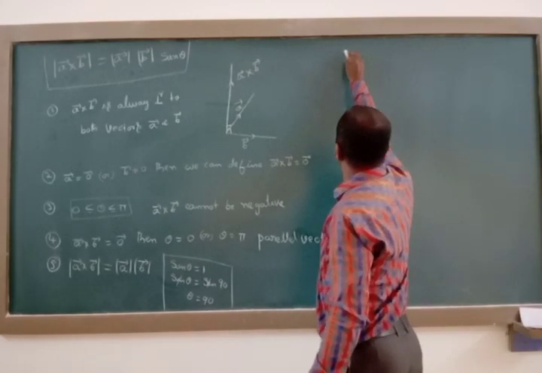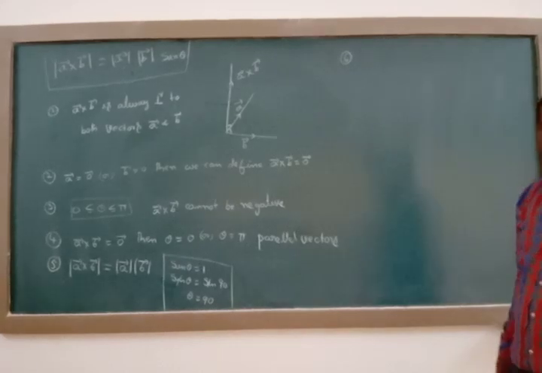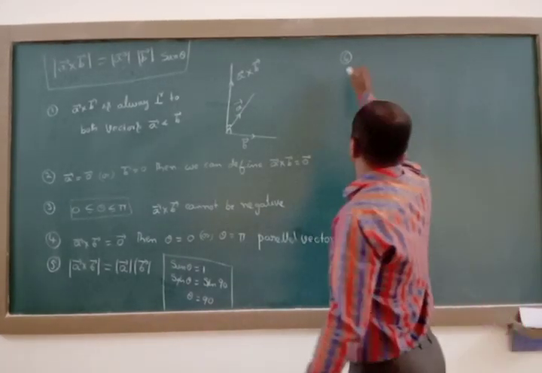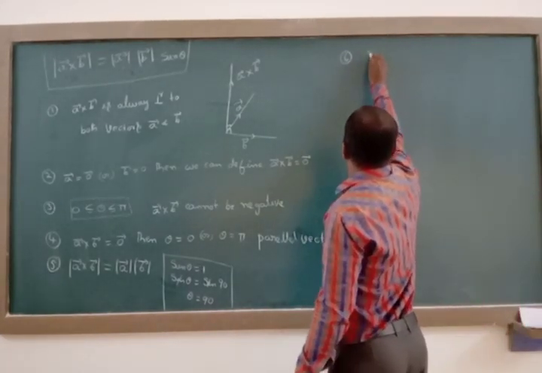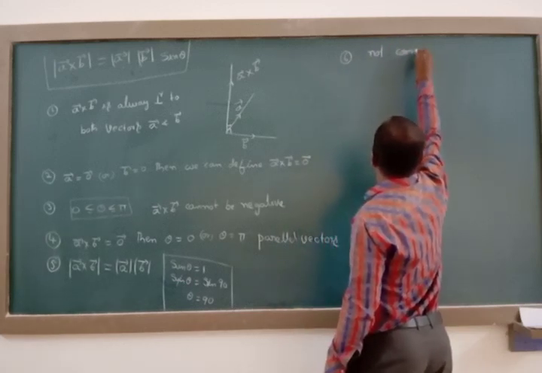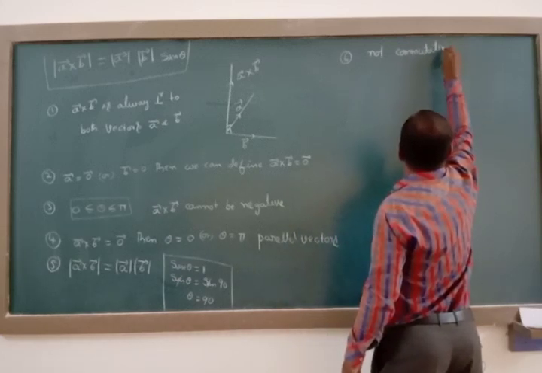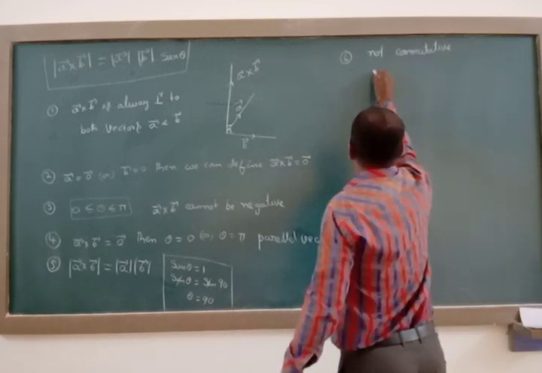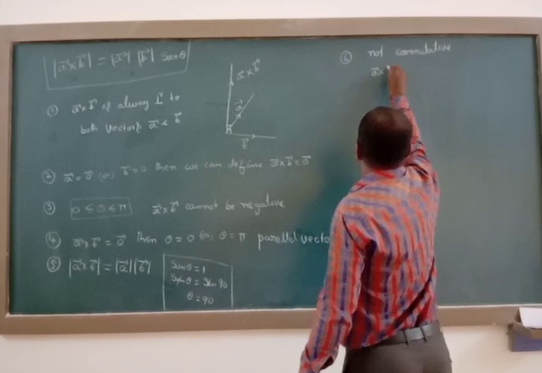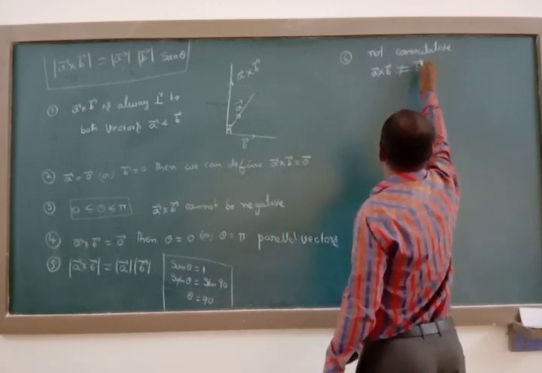Sixth point. Cross product or vector product is not commutative, because A bar cross B bar is not equal to B bar cross A bar.